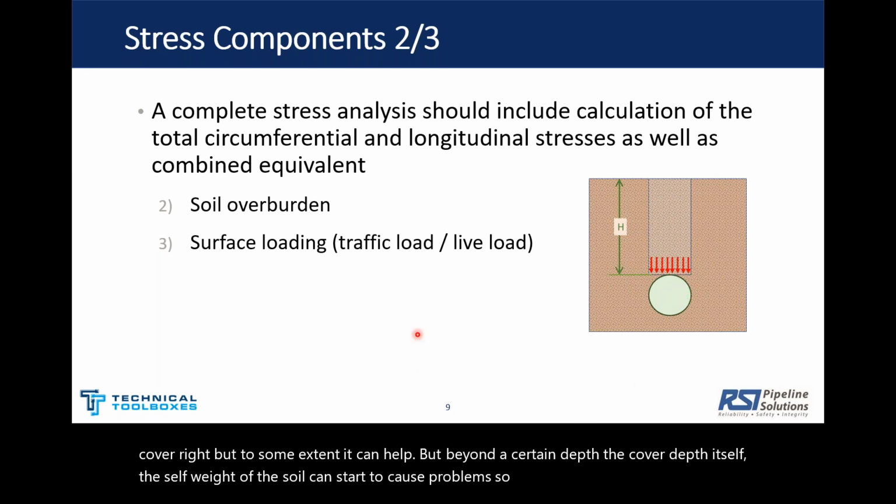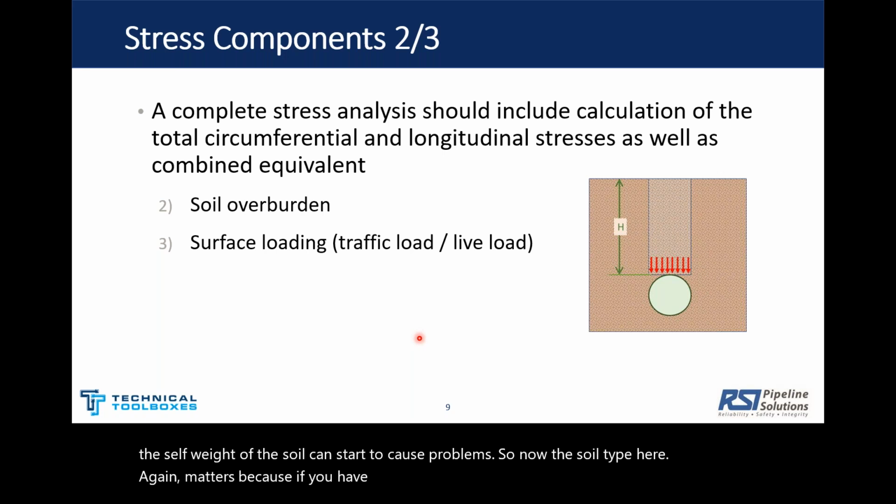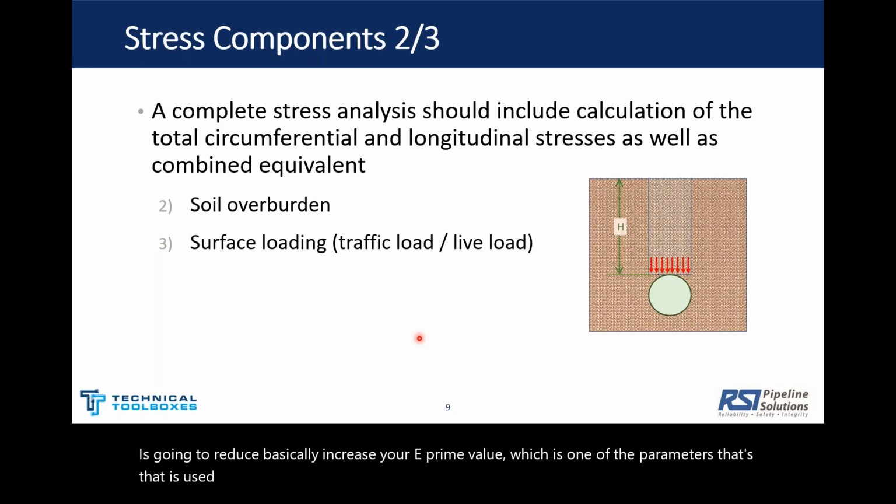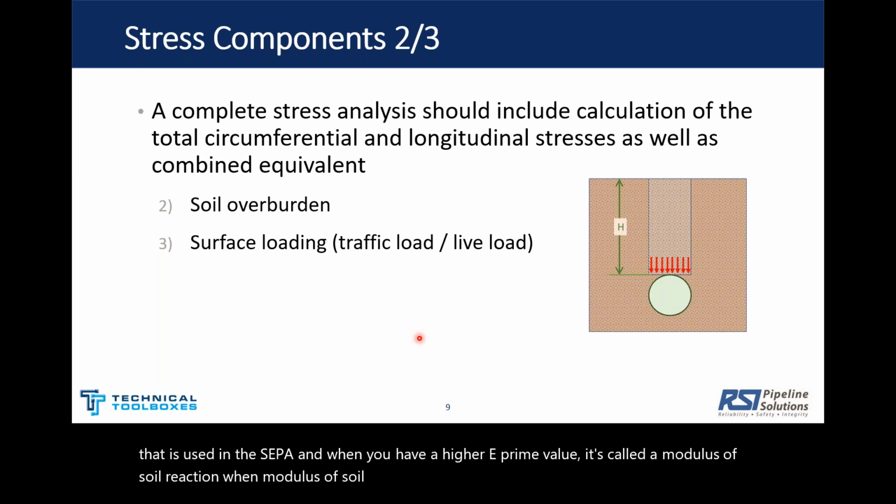The soil type also matters, because a stronger soil will increase your E prime value, which is one of the parameters used in the CEPA. E prime is called the modulus of soil reaction. When the modulus of soil reaction is higher, your live stress goes down.